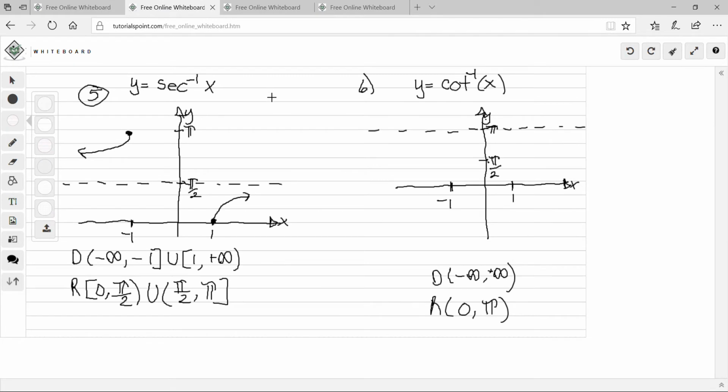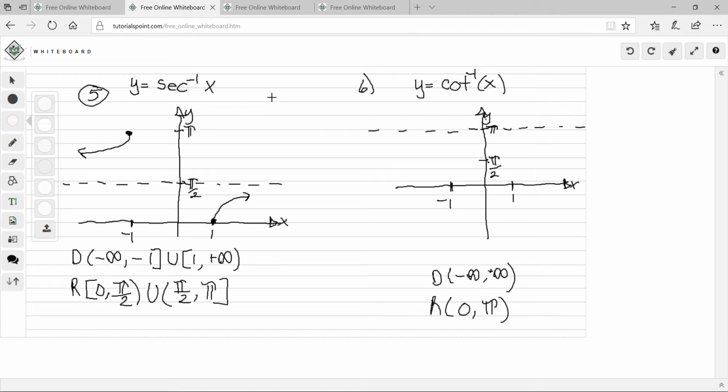And then our secant inverse graph: our domain is from -infinity to -1 bracket, union bracket 1 to +infinity, and our range is from parentheses 0 to π/2 parentheses, union parentheses π/2 to pi bracket. And our last one is the cotangent inverse graph.